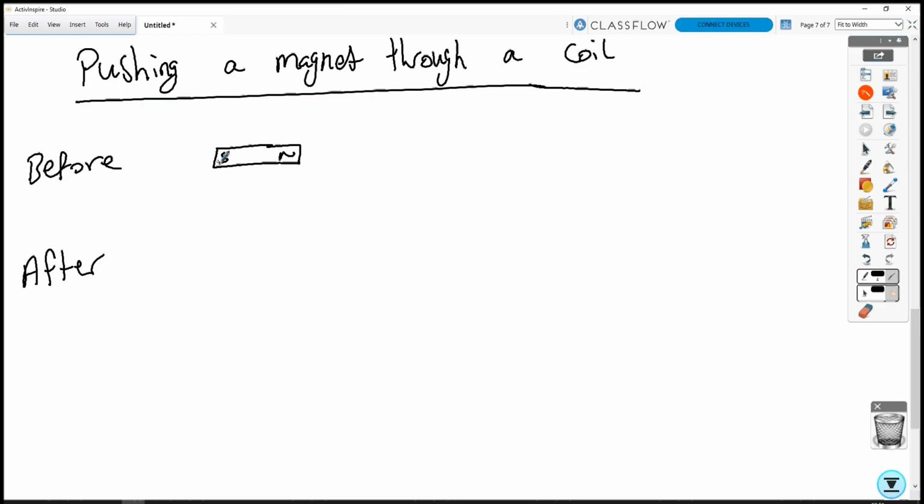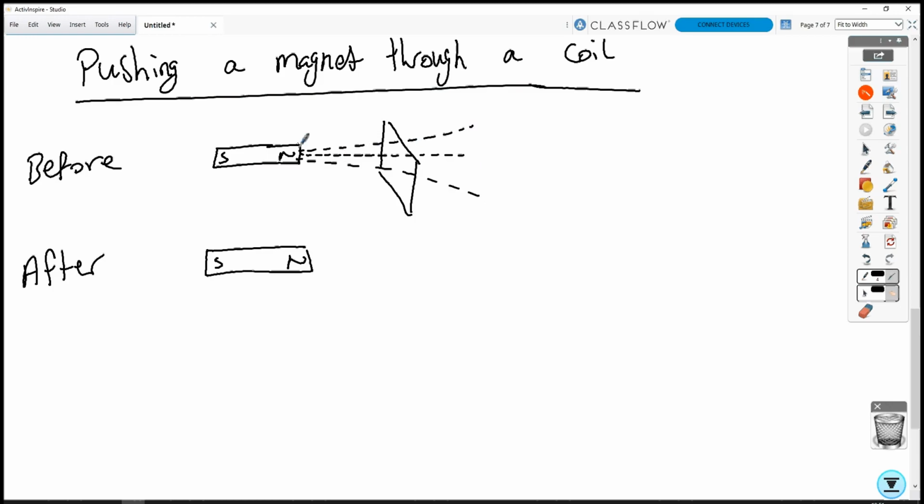So we'll do a little magnet that's got a north and south, and we'll do the same magnet again below, north and south. In the beginning, we'll draw our coil somewhat far away from our bar magnet. And so if we just do the field lines coming out of the end of the bar magnet, we can see the flux going through the coil.